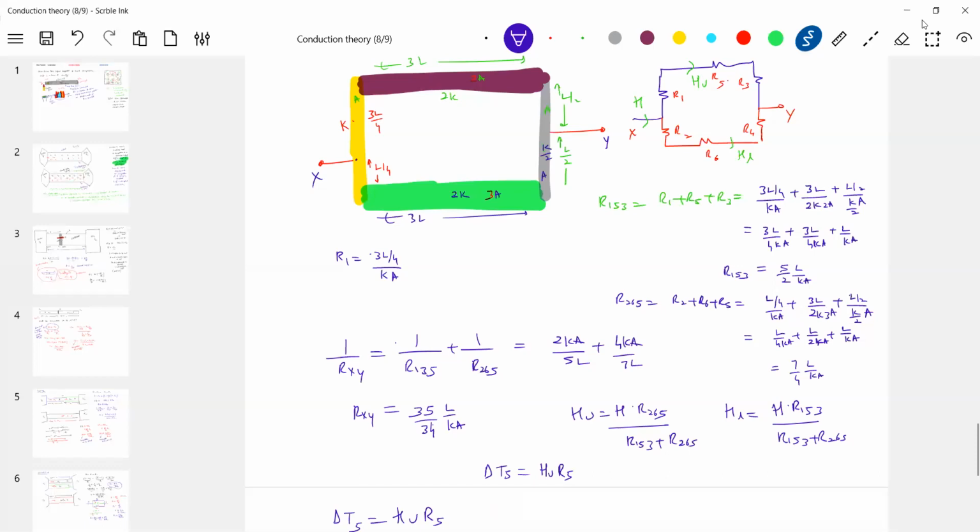Similarly, what is the temperature difference across this rod R6? Delta T6 you can write as HL by R6. Like this, we can determine the temperature difference across individual elements. These questions are just based on Ohm's law, series and parallel. If you apply those ideas, you'll be in a better position.